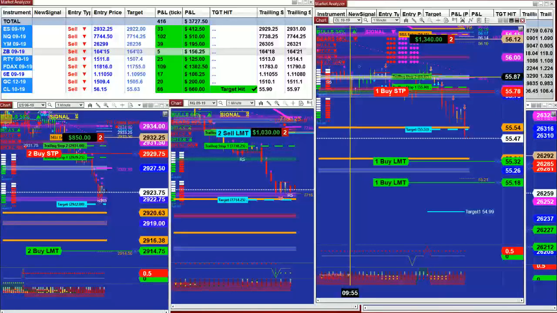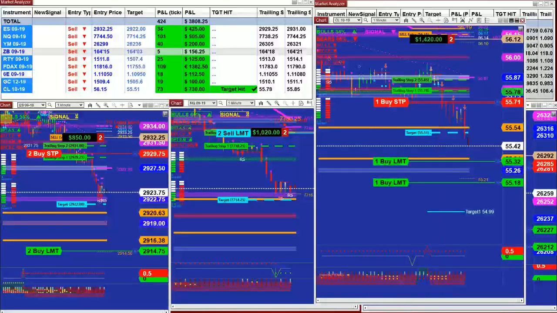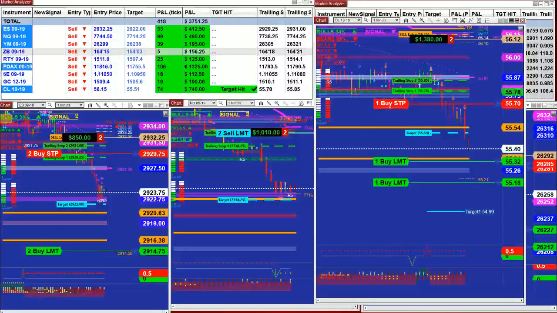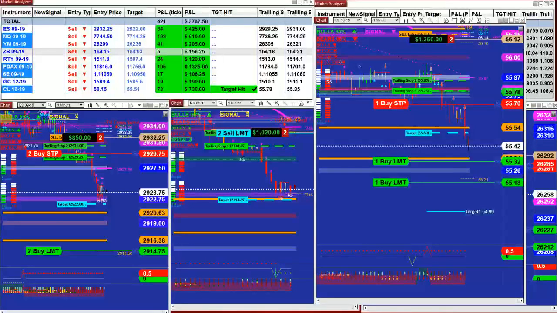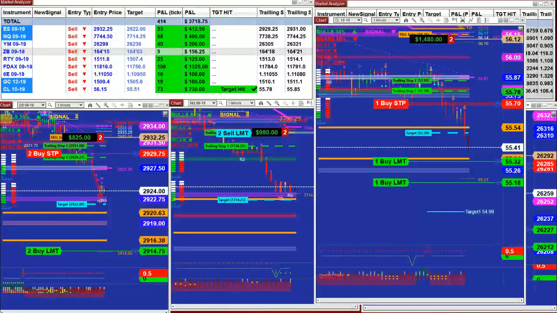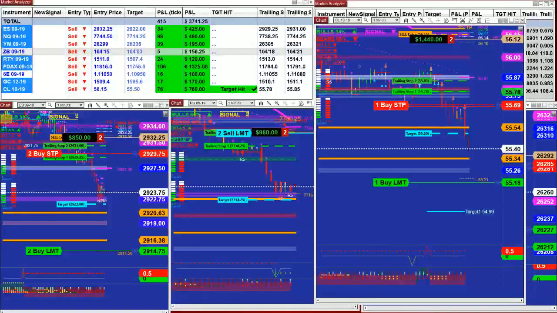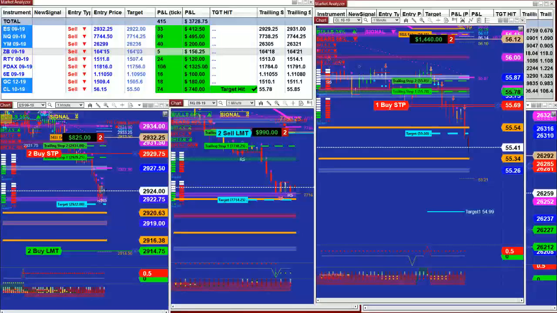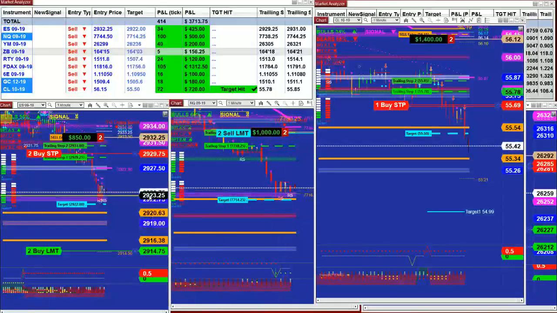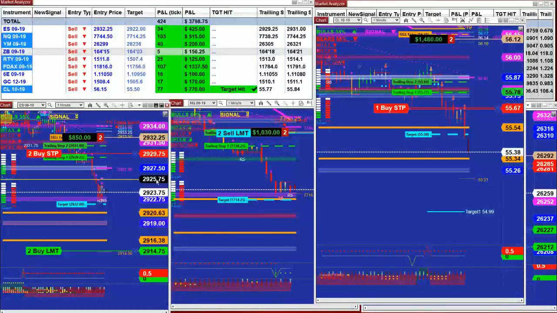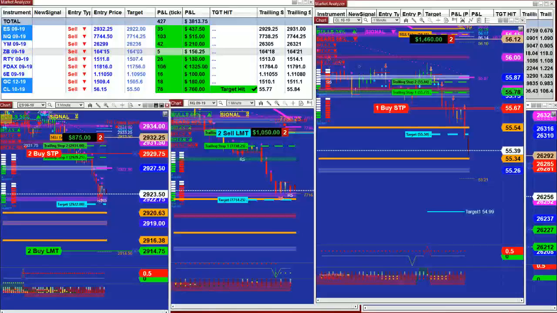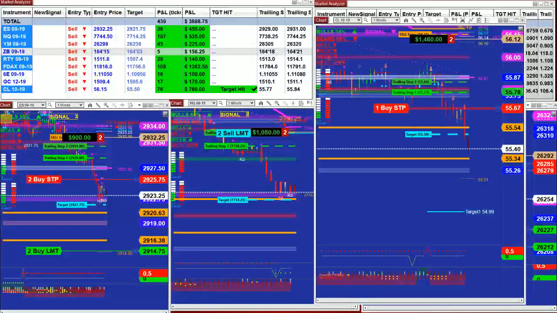You know, so what can we say? The market is going to do whatever the market is going to do. Nothing we can do about it. Sometimes the market insists on giving you more money, and sometimes the market insists you're not going to get anything today.